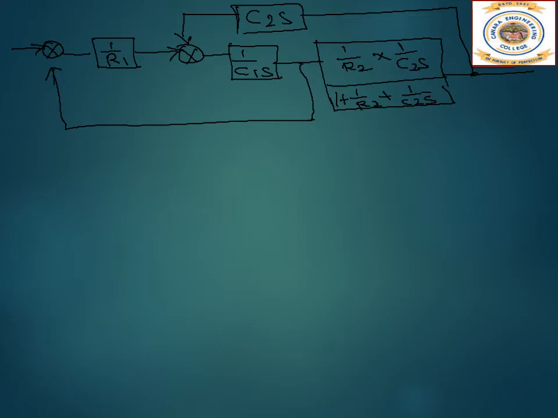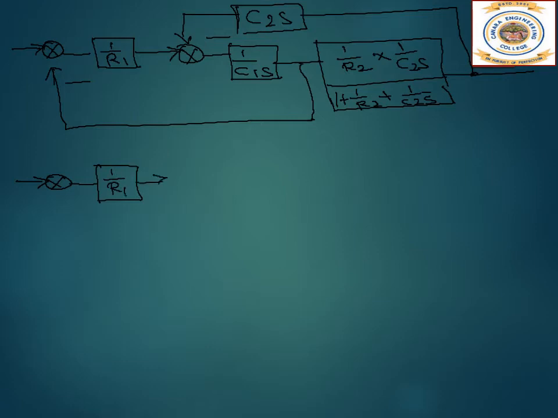Alright, I will directly write the simplified answer. You simplify this. So what happens when you simplify? R2C2S will be the denominator. So that will cancel, and here we get 1 by 1 plus R2C2S. So that I will write over it. This is negative feedback. This is very important here. Okay, so let me write the simplified form. Later we'll see what we are supposed to do.